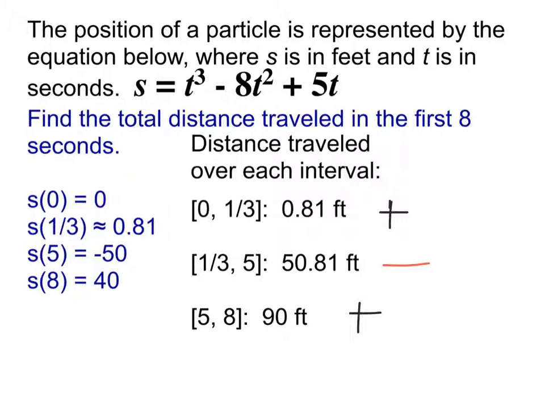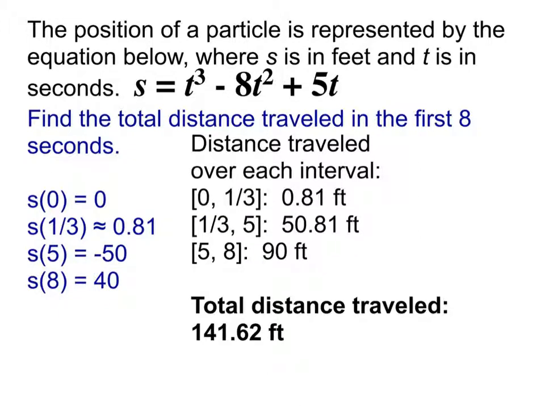Just add them up. If I add those three distances together, I get 141.62 feet. That's the total distance traveled by this particle. Notice that is not the same as if I just took the start point and the end point, because it started at 0 and ended up at 40, but it went way more than 40 because of the back and forth that it was doing.